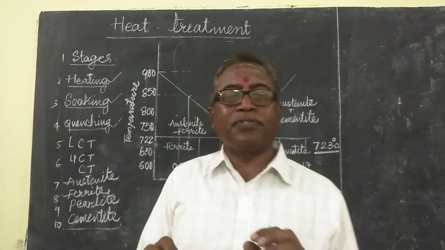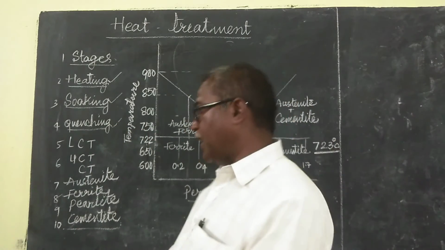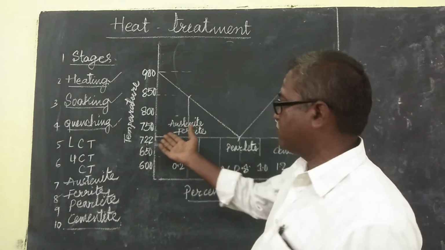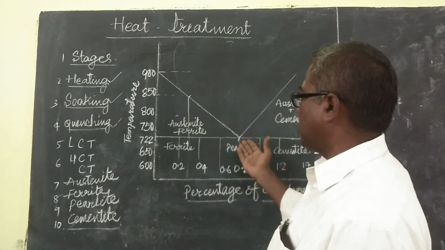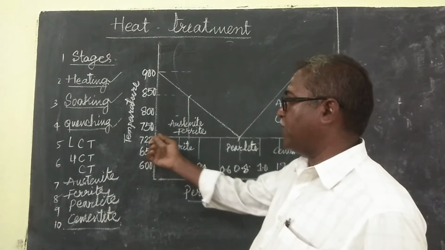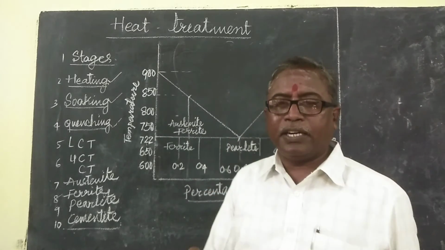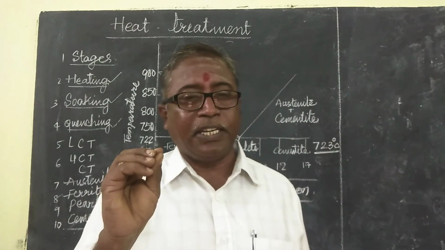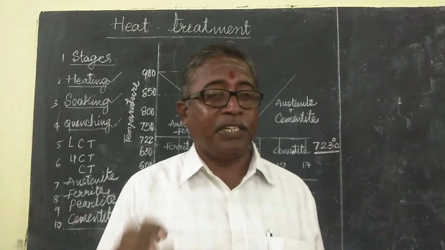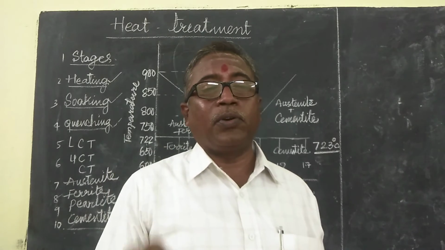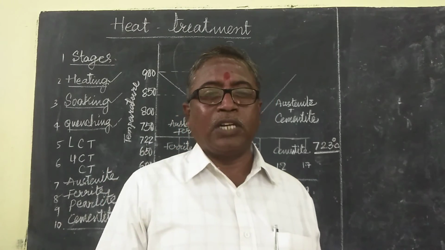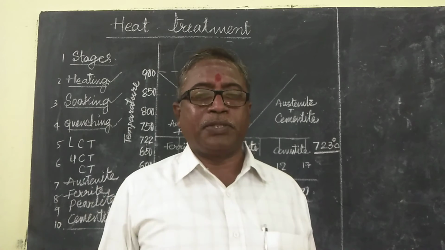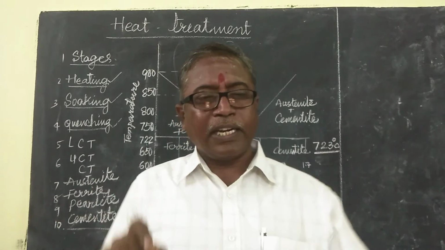Now we are going for heating. First you take the carbon material and heat it to 723 degrees centigrade. The metal is heated up to 723 degrees centigrade, which we call the lower critical temperature.